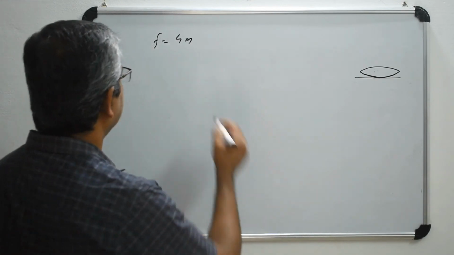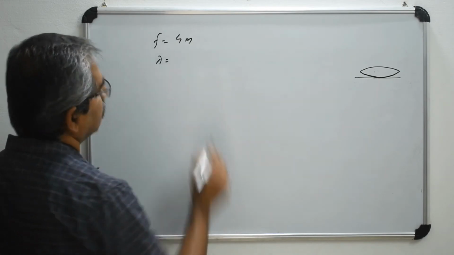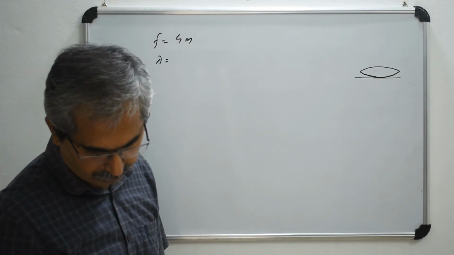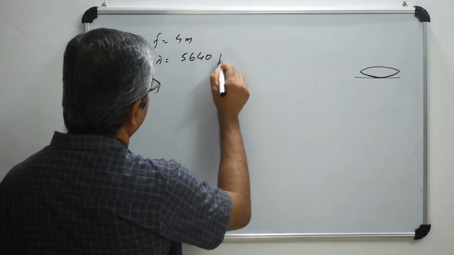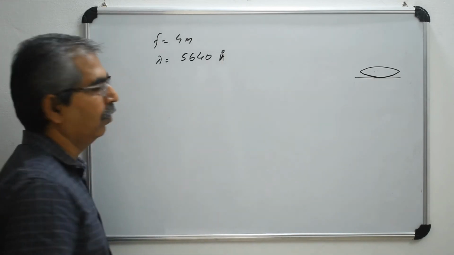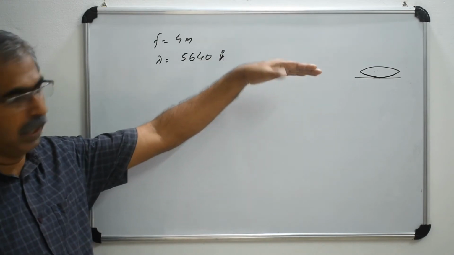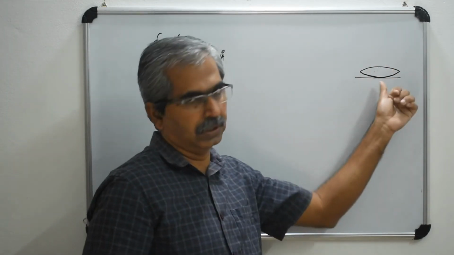And light of wavelength lambda equal to 5640 angstrom unit falls on that normally, and you will get the Newton's rings.